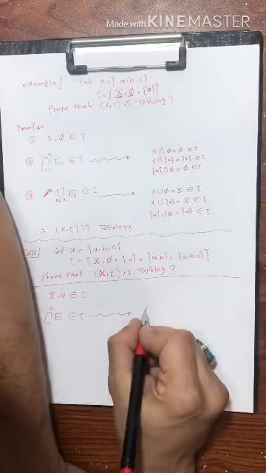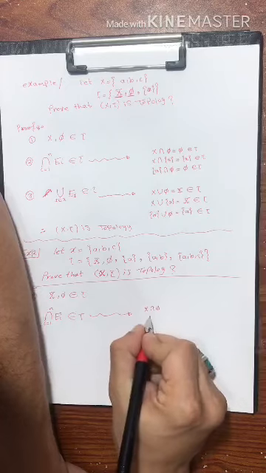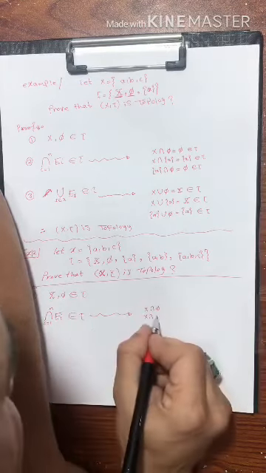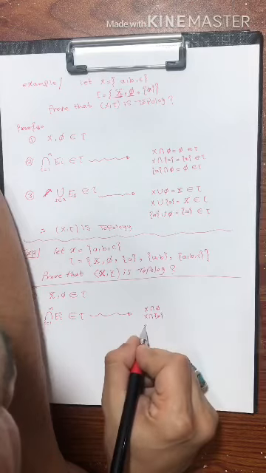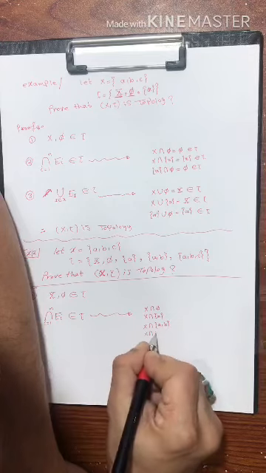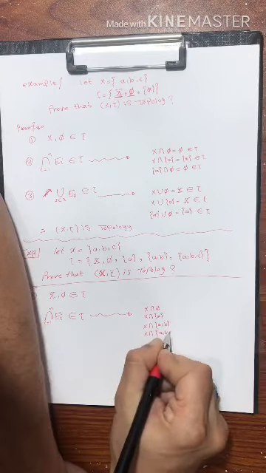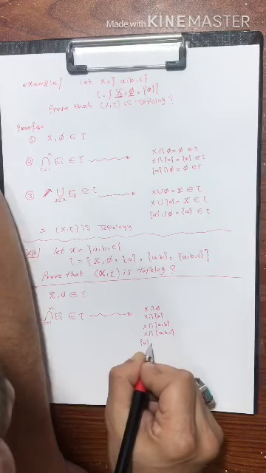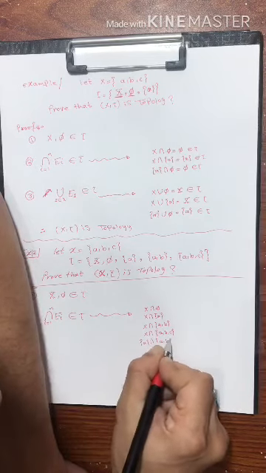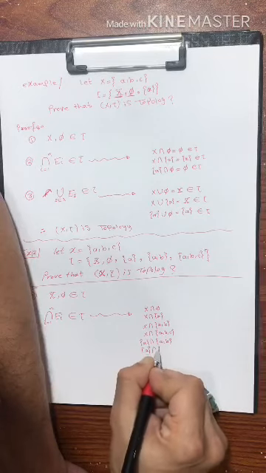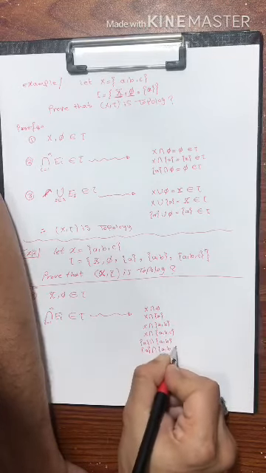Take X intersection phi, X intersection subset A, X intersection subset AB, X intersection subset ABC. Now subset A intersection subset AB, subset A intersection subset ABC.